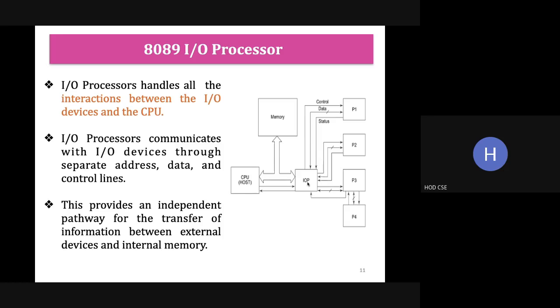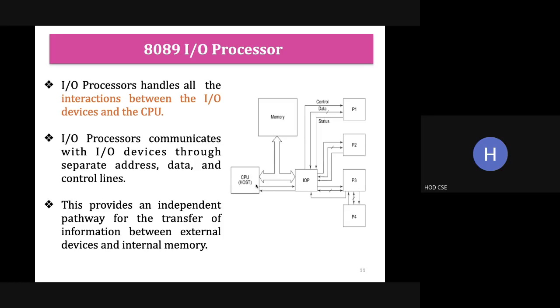Without disturbing the CPU, the data transfer will take place between the memory and the IO devices, and also to the CPU. Here, how it performs: suppose the CPU is executing a program. We have scanf and printf statements. While executing the program, every time it would have to interrupt the IO processor.